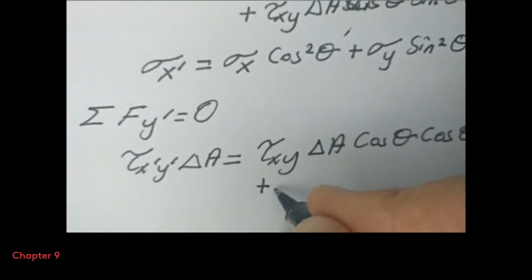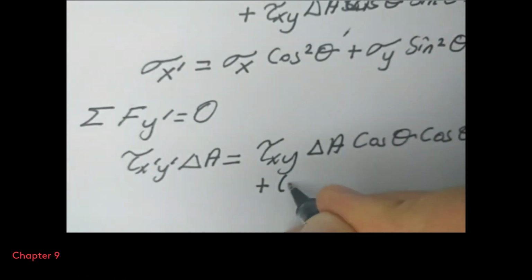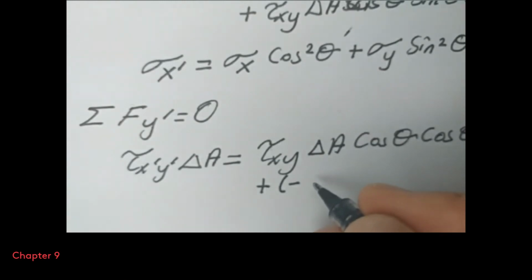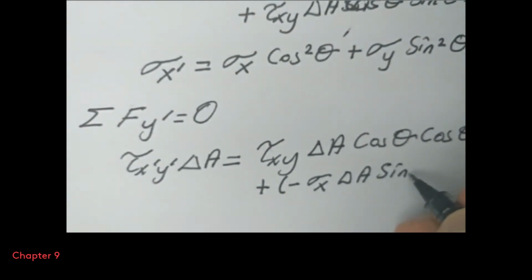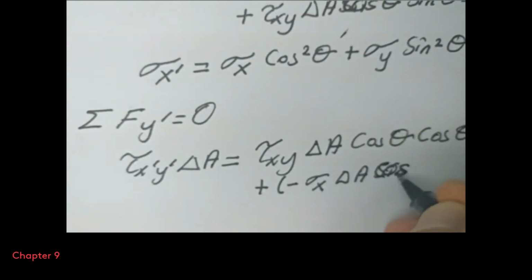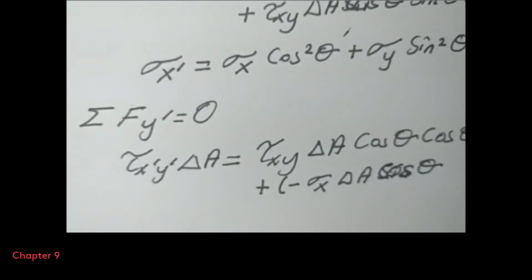On the other side of the equation it is minus sigma x delta A cosine theta and it will contribute as sine theta.